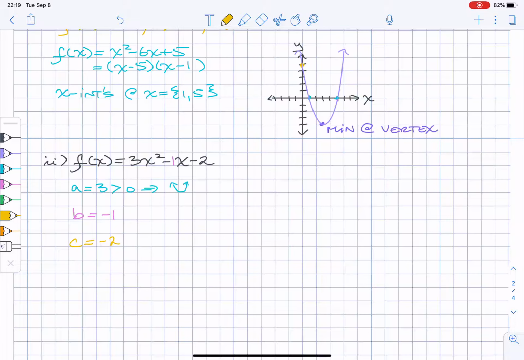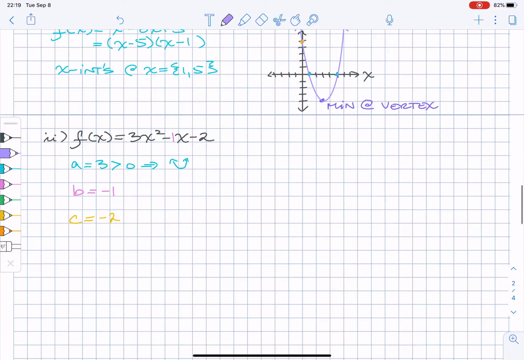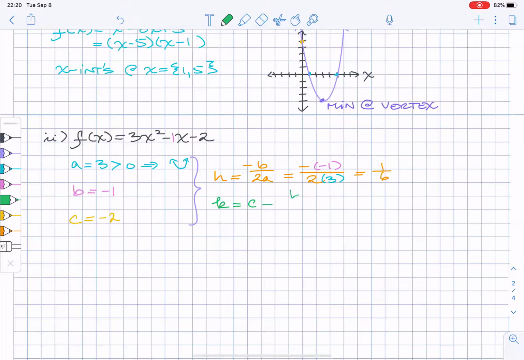So these together imply that h, which is negative b over 2a, can be written as negative of -1 all over 2 times 3. So this gives us a positive 1 over 6. K, on the other hand, was c minus b squared over 4a.